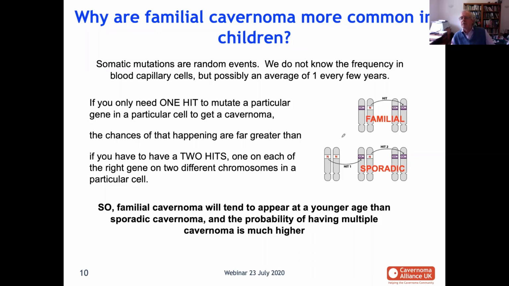So you can get Cavernoma all over the place easily with a familial form, but with sporadic, you've got to get the second hit in the particular gene on the particular chromosome in that particular cell, and that's much rarer.